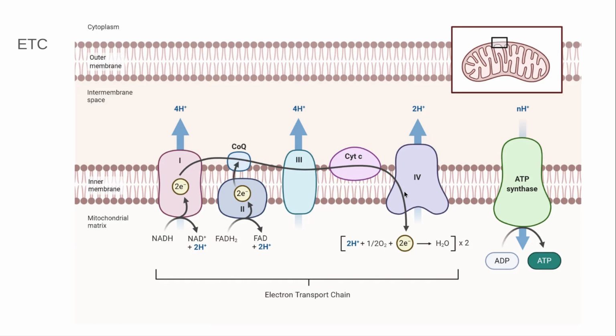In complex 4, at this point again you have electrons here, but you need something to accept the electrons because it cannot keep on passing them on. These guys were happy to just pass it on to 3, and then 3 was happy to pass it on to 4, but 4 says the buck stops with me, so I need to do something about the electron that I'm carrying.